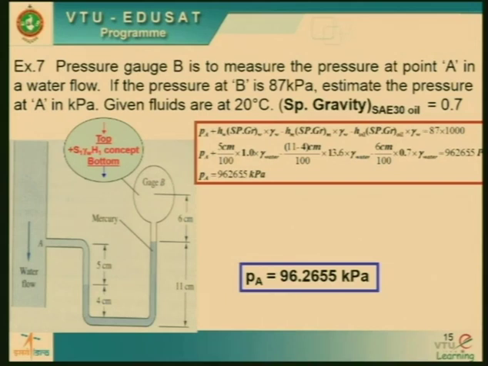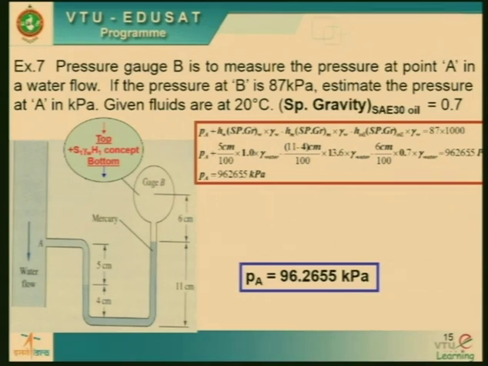Can you see the diagram very carefully? You can see very clearly it is coming down by 5 centimeter, again it is down up to 4 centimeter, but at the same level, same liquid, we can transfer to the other side, and it is going up by mercury and up to gauge B.